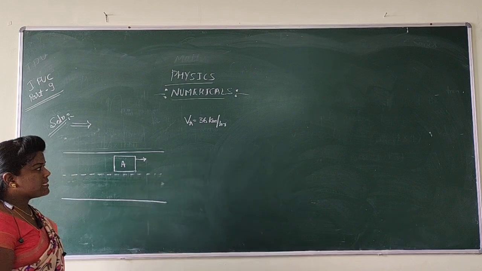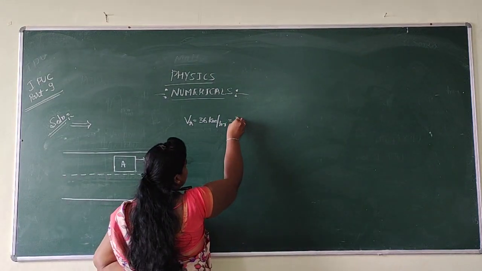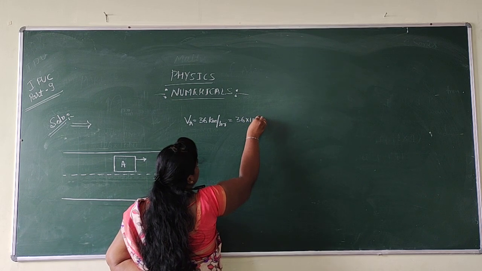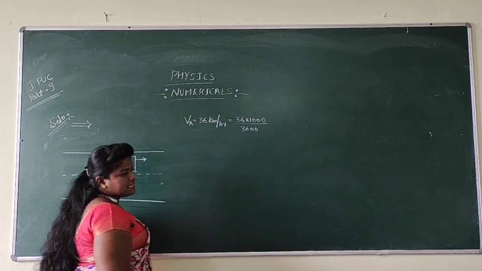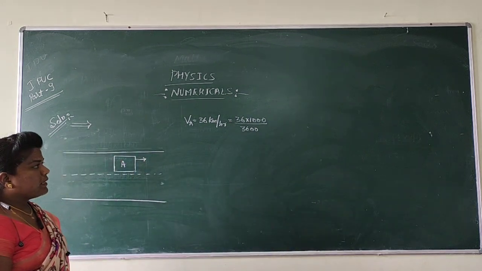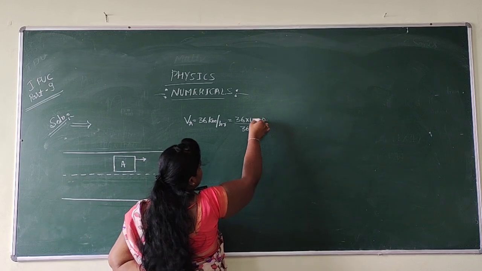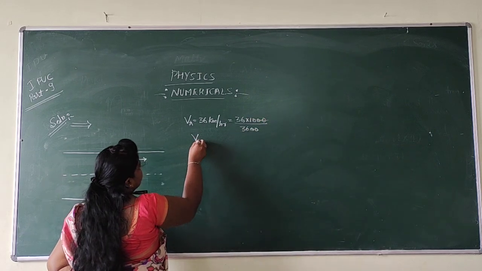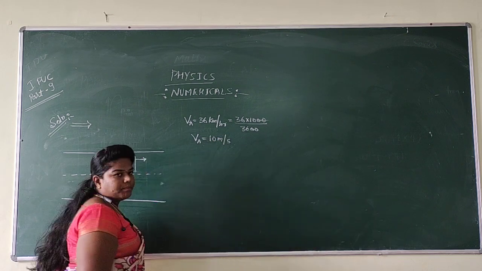So it means 36 into 1000 divided by 3600, since 1 kilometer is equal to 1000 meter and 1 hour is equal to 3600 seconds. Just use your calculator and solve it. The zeros cancel with each other, 360 by 36, which is equal to 10 meter per second.